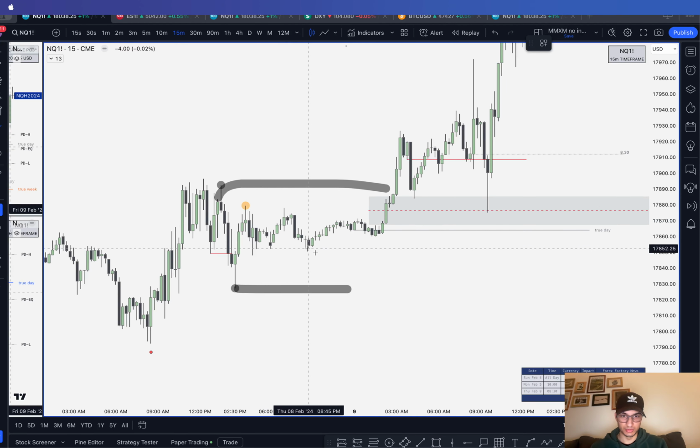Do any of these lows make a lower low than this? No. So we're in bearish structure here, right? Lower highs, lower lows. This high puts in this low, correct? This high doesn't put in any lower lows, does it? No. So this low is still the swing low in the market.